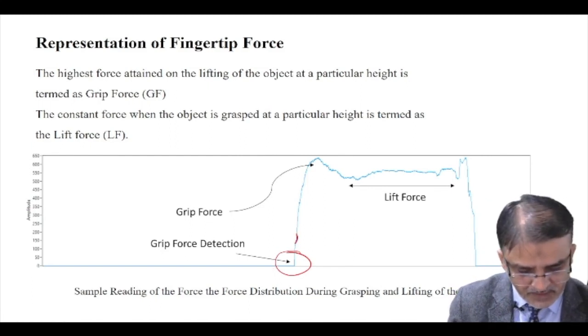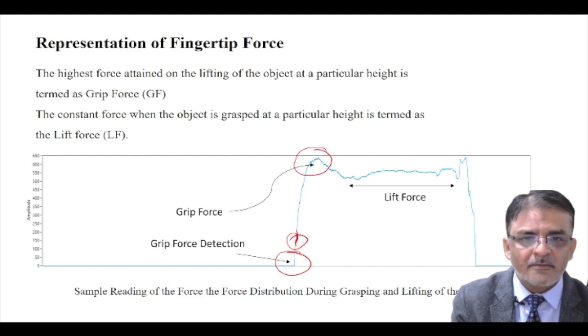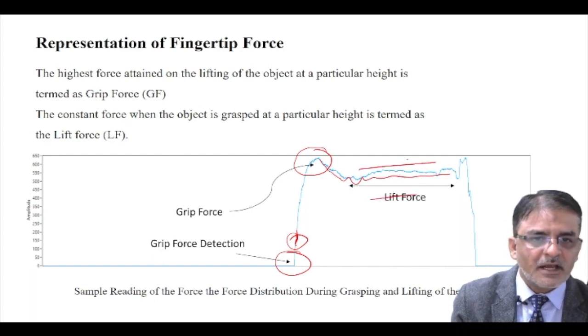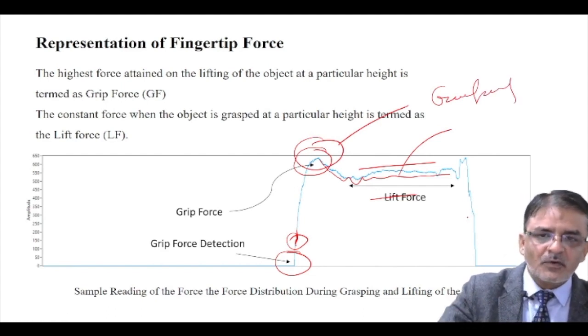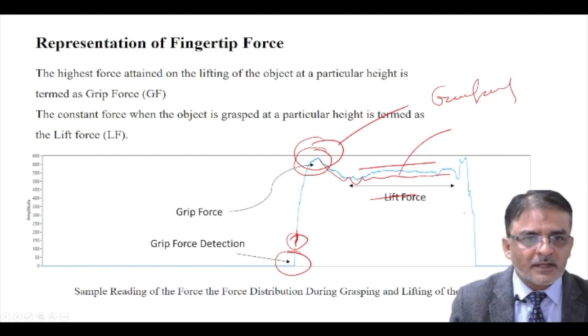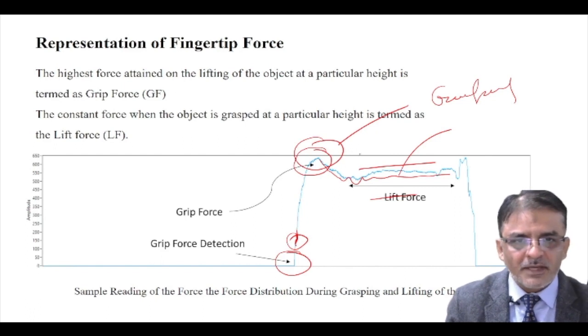Some spikes are coming up. We are studying it, still not sure about this particular point, but we are sure that the pressure goes high and then stabilizes, which we consider the lifting force, while this point is called the grasping or gripping force. So initially the grip force is higher, then it settles down depending upon the weight of the object, and that is what we call lift force, and then it gives a pattern. So we get 2 points considered in this study.